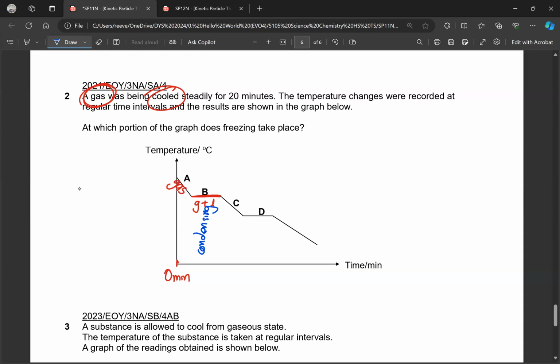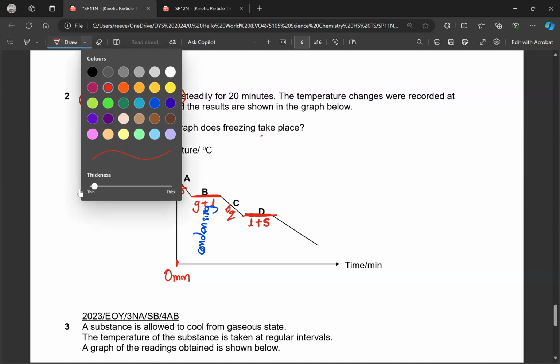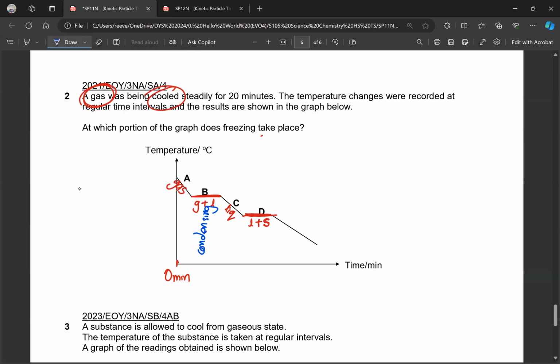Then after condensing finishes, it becomes liquid. After that, the temperature is still getting colder and colder. The liquid will start to freeze. It's liquid plus solid. I call this part the freezing.